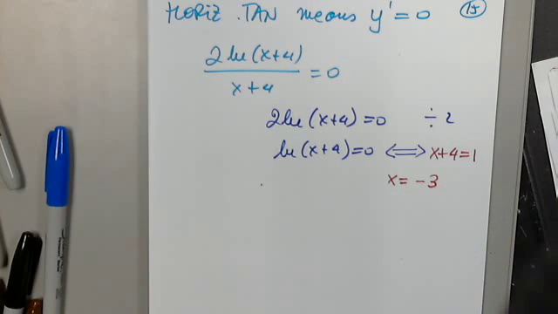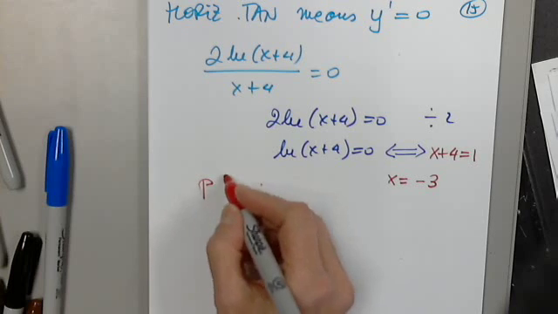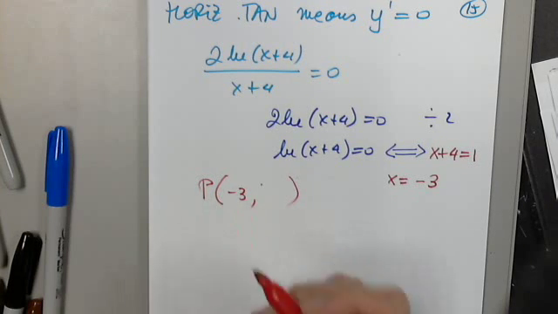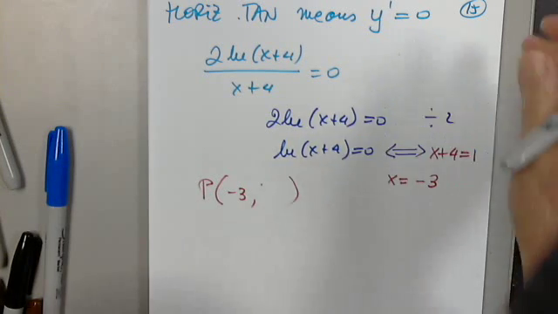-3. Now the question was, at what point is the tangent horizontal? So let's say this is point P. I determined the x-coordinate. What do I do to find the entire point, in other words, to find the y-coordinate? Plug it into the function.